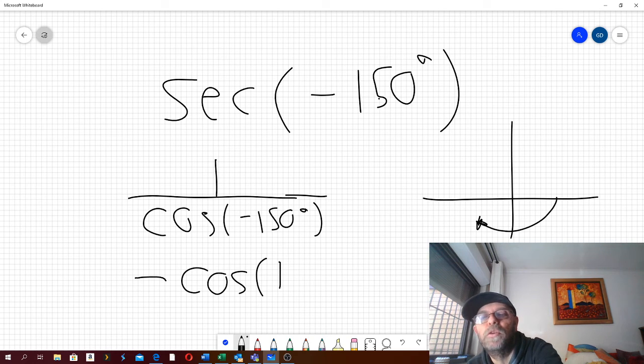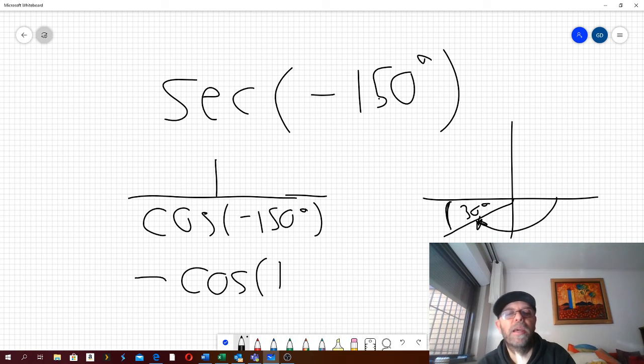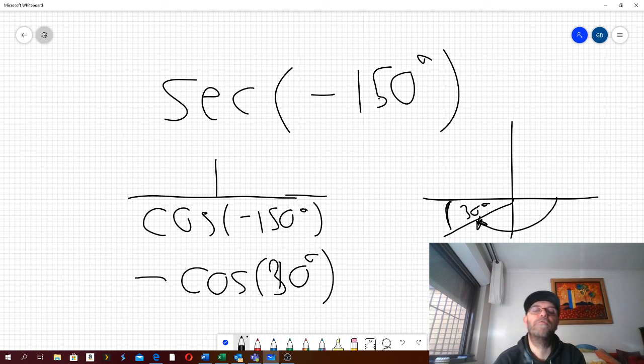In quadrant 3, it's 180 plus. If I've gone 150 degrees here, this angle must be 30 degrees. So this is the same as negative cos of 30 degrees. That's what we're interested in. So what is negative cos of 30?